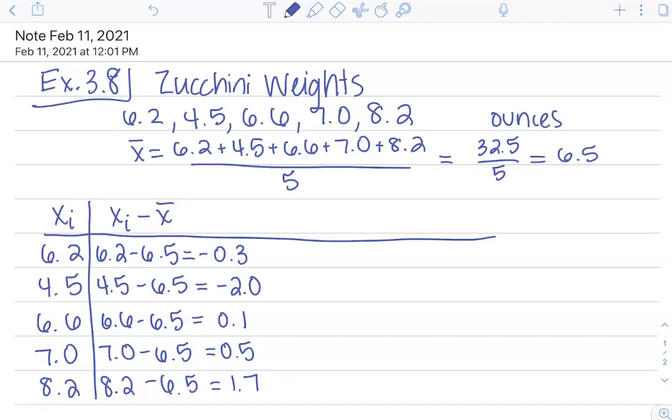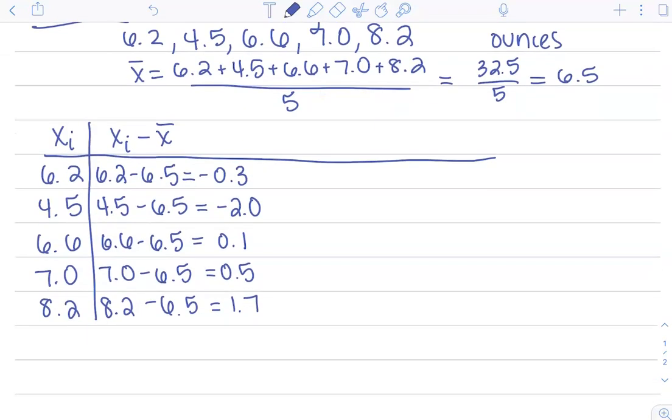And one thing that's really interesting here is when you add these, it will actually always equal 0. The mean is a balancing point. It's where you have balanced the weights of your values in your sample. Or sorry, I shouldn't have said balancing weight. It's a balancing point. There we go.